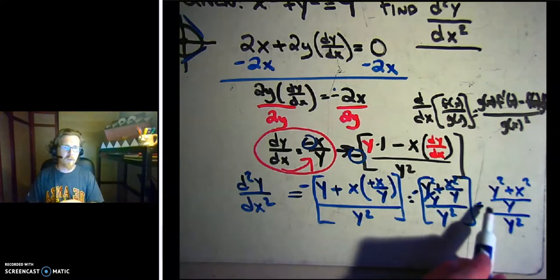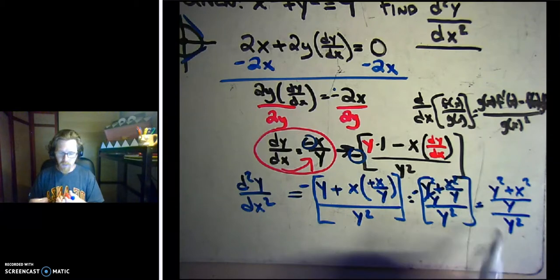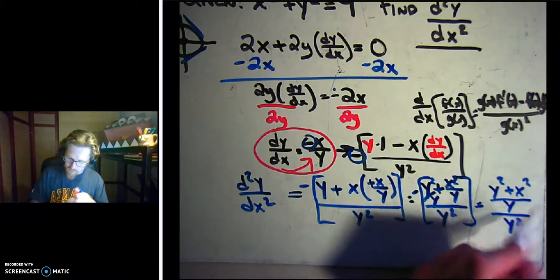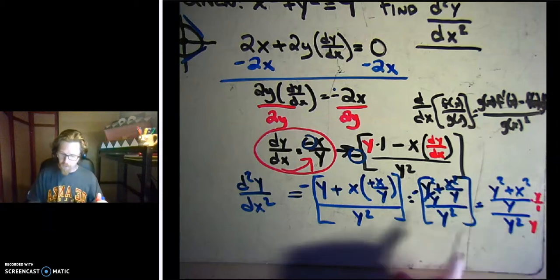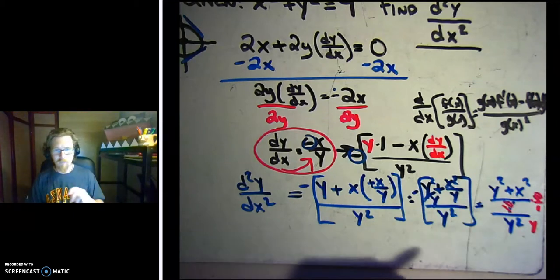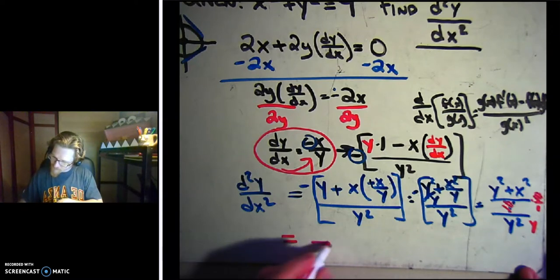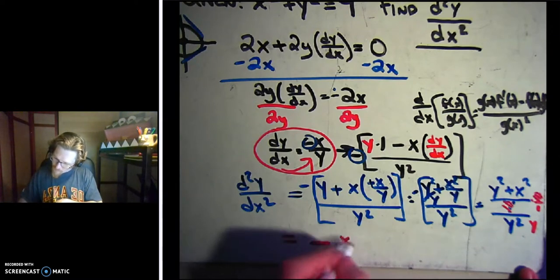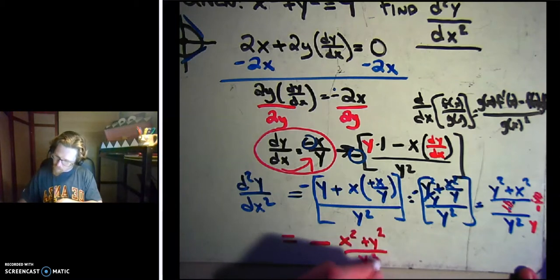To simplify this further, this y comes down in my denominator. Really what I'm doing is multiplying by y on top and bottom. That's going to cancel the denominator in the numerator. And so I have my second derivative is negative, that's still there, x squared plus y squared over y cubed.